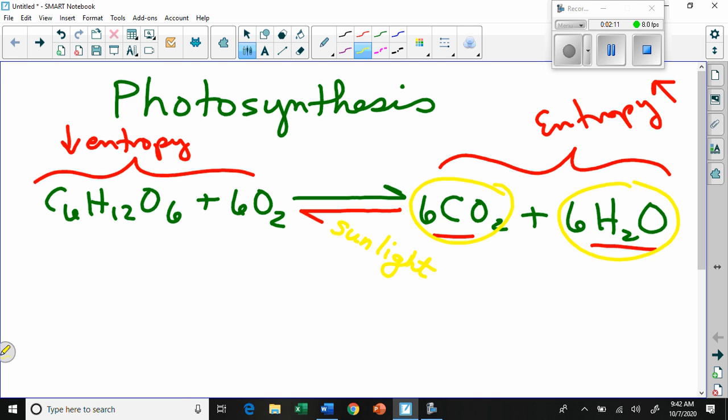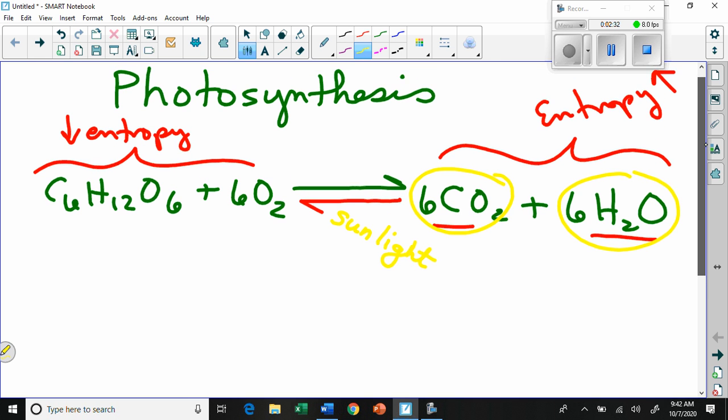And they do that through the magic of a special thing called chlorophyll. So the sunlight is the energy input that drives this equation backwards against its will, so to speak, from its high entropy state to low entropy state. We're putting energy in.